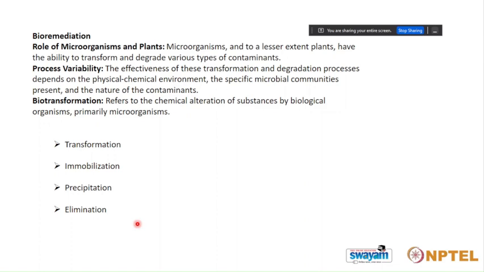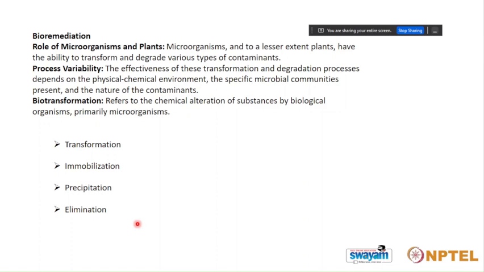So basically, the term bioremediation is an umbrella term. It refers to both plant and microorganism based bioremediation. But microorganisms are employed to a greater extent. We'll study the reason why microorganisms are employed instead of plants and other living organisms.